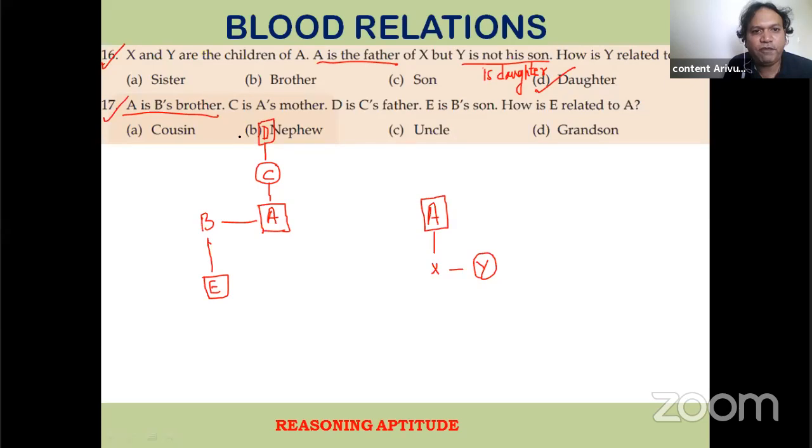The answer would be nephew because sibling's son. E is sibling's son, because B and A are siblings, right? A is brother of B. We don't know whether B is sister or brother. It does not matter in this question, okay? The gender of B is not important here. So E is the sibling's son, and sibling's son means nephew.